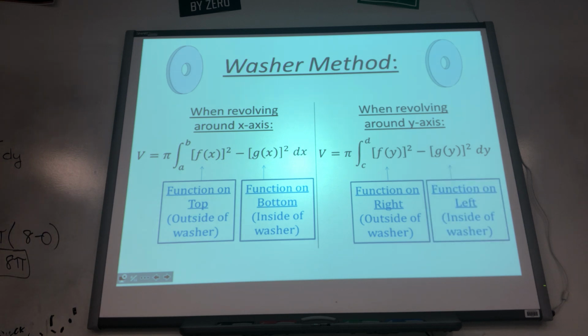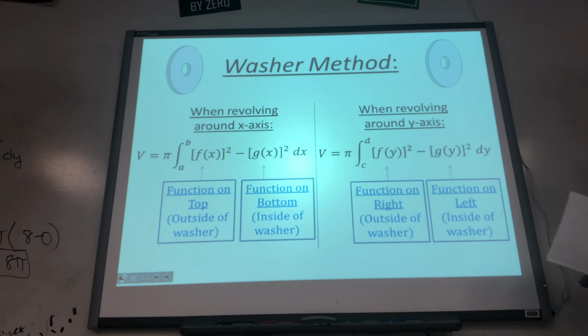And g of y, while we're at it, that is always the function on the left, and it will form the inside of the washer. When we start to do more of these problems, it's not going to tell you use the disc method or use the washer method. That's something that you have to figure out.